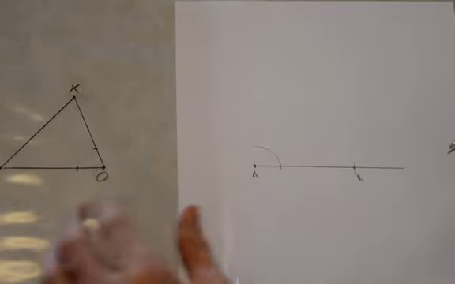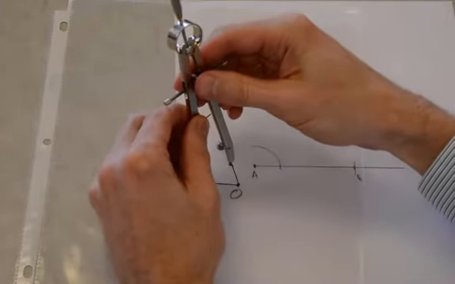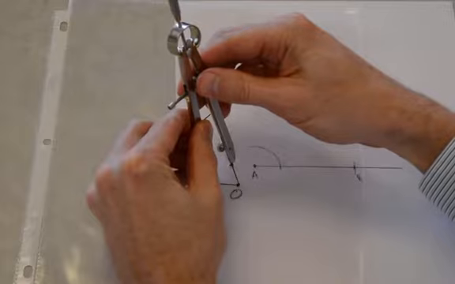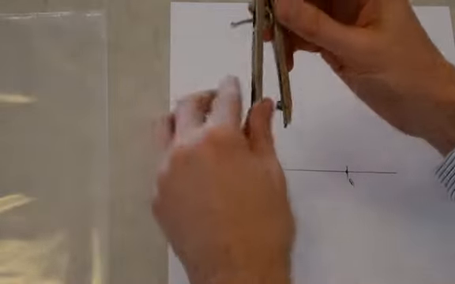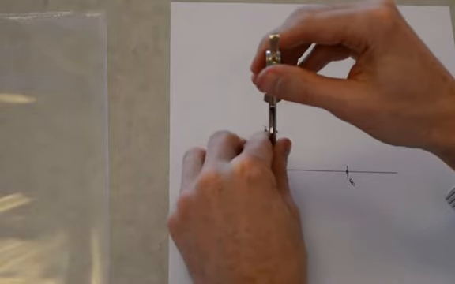Okay. Now I'm going to measure the distance between the two marks over here to finish copying the angle, and then I'm going to apply that here to angle A.